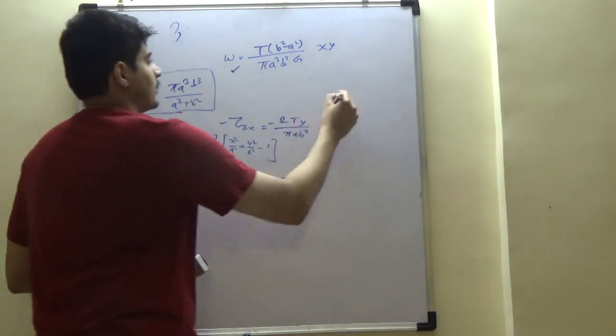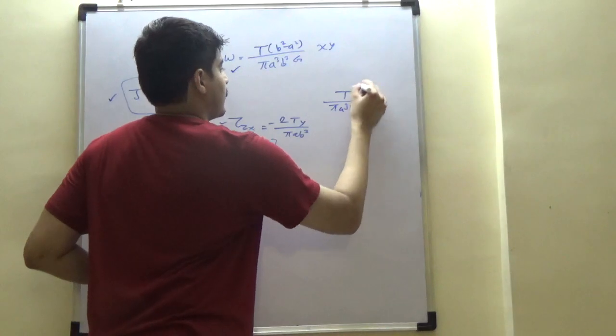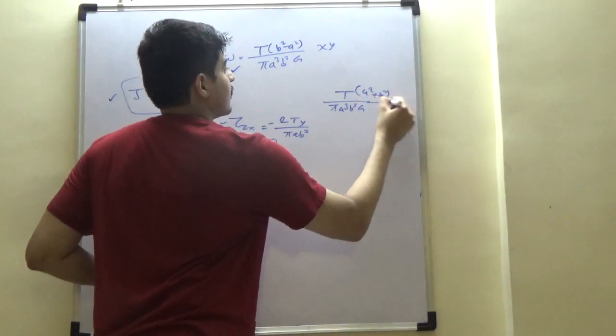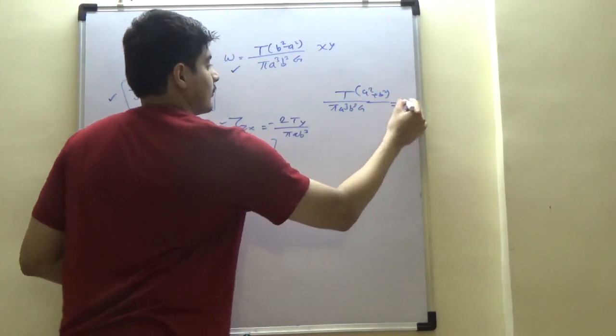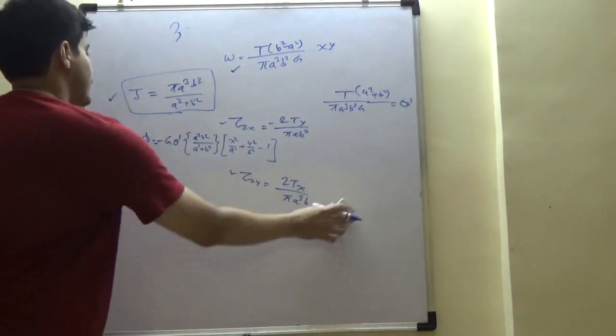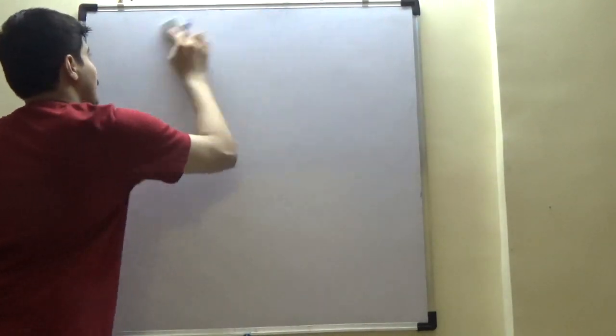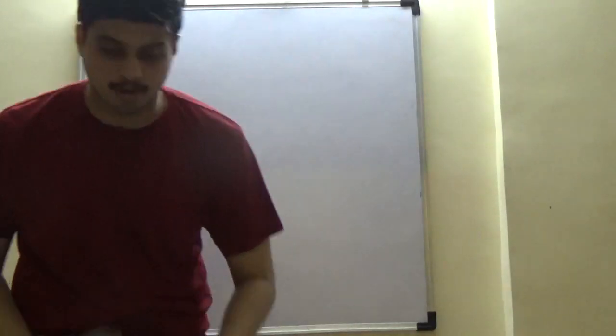Formally we can write this: t upon pi a cube b cube g into a square plus b square is my theta dash. So I know twist, I know warping, I know these stresses, and I know the function. So ellipse as a cross section is the third problem that we have solved.